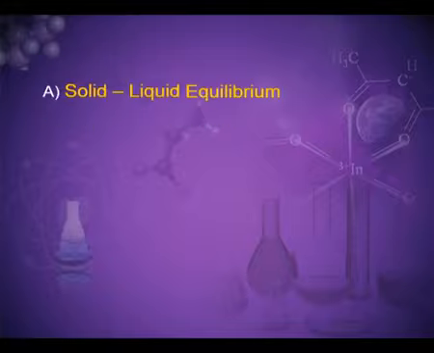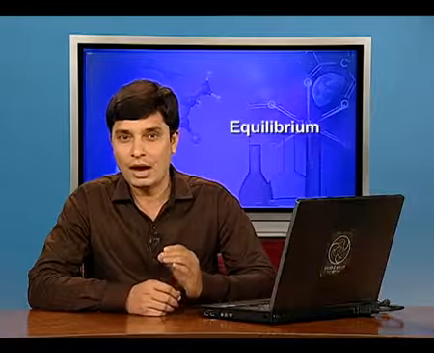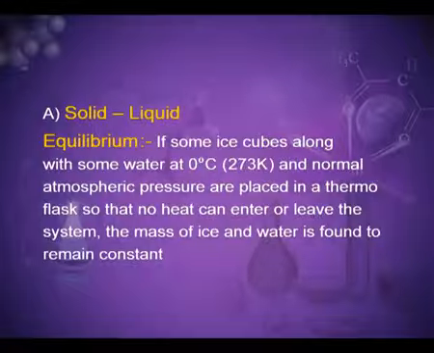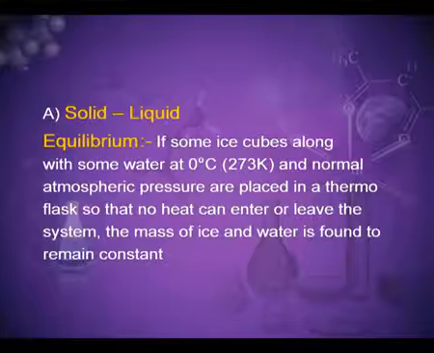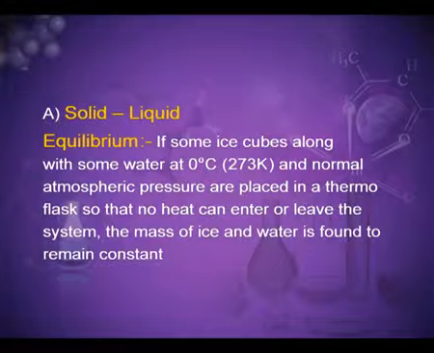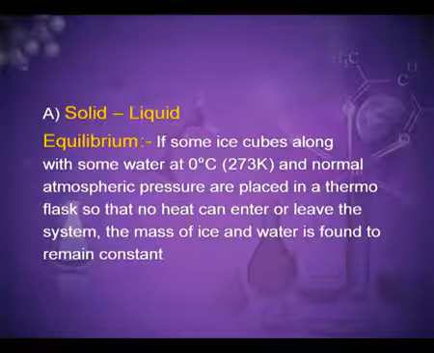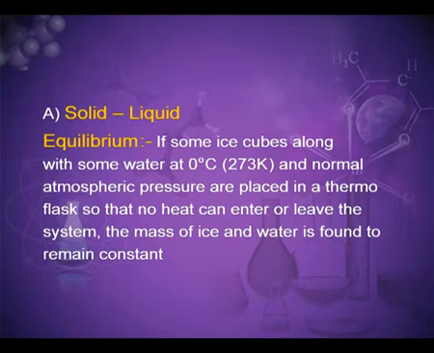Now, the first physical equilibrium is solid-liquid equilibrium. If some ice cubes along with some water at 0 degrees Celsius, that is 273 Kelvin, and normal atmospheric pressure are placed in a thermoflask, so that no heat can enter or leave the system, the mass of ice and water is found to remain constant.